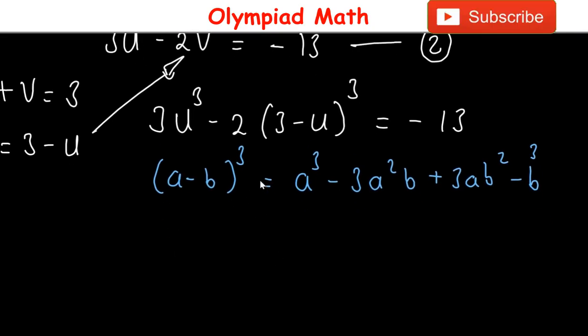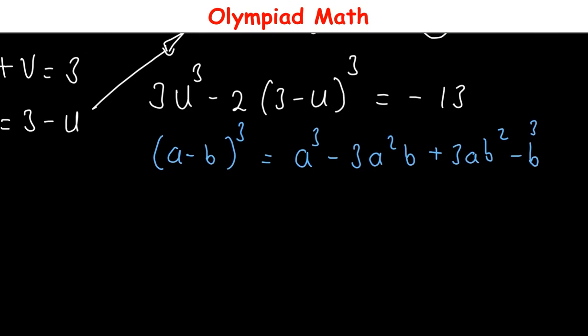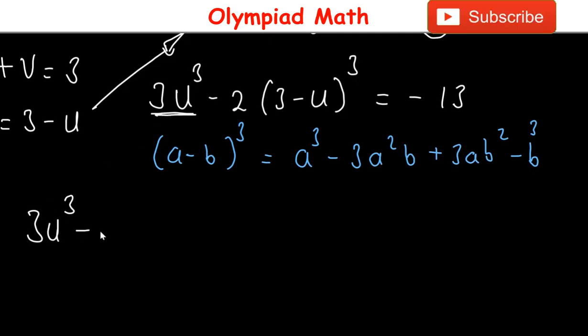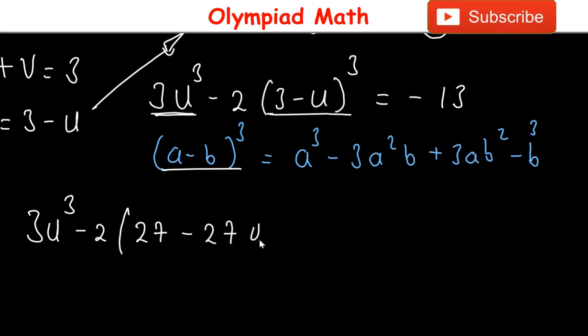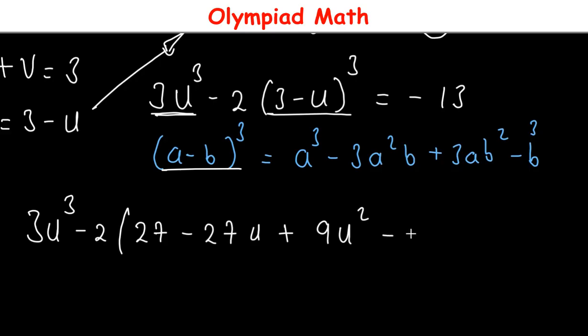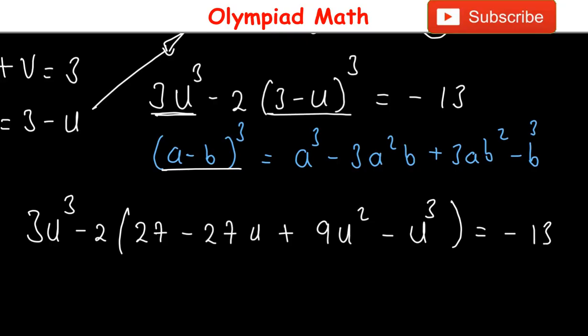Okay, so working with this right here, this equation then becomes 3u cube, then minus 2 into bracket. Applying this rule to this, it becomes 3 cube is 27, then minus 27u, then plus 9u squared minus u raised to power 3 is equal to minus 13.